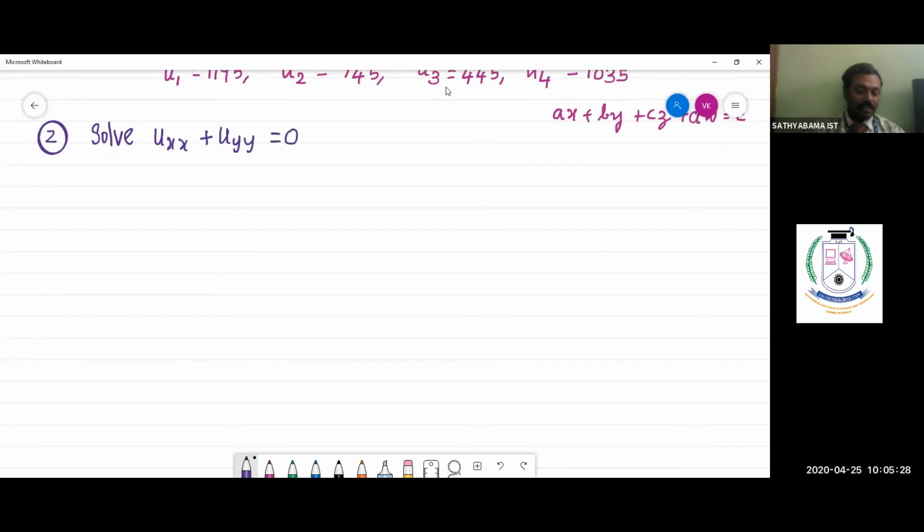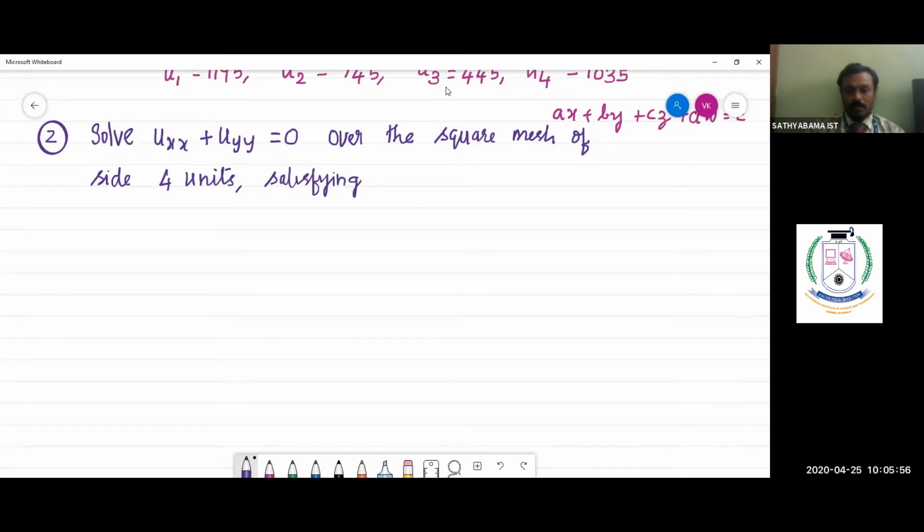Instead, we are given a set of boundary conditions over the square mesh of side 4 units, satisfying the following boundary conditions.